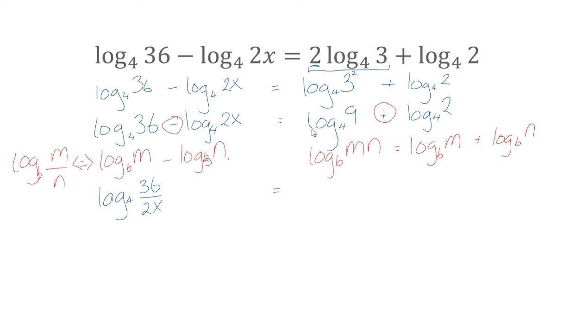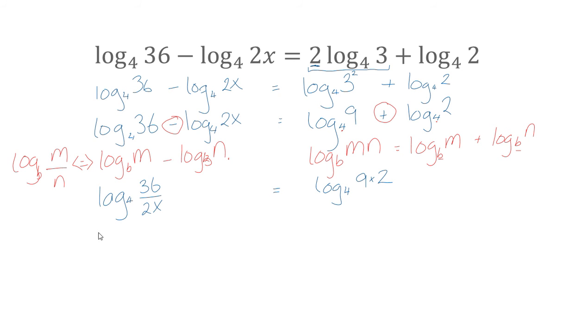And that's what we have here. We have a log of a number to a base plus the log of a different number, but to the same base. So we have the same bases. We can rewrite this into the form log of 9 multiplied by 2 to base 4.